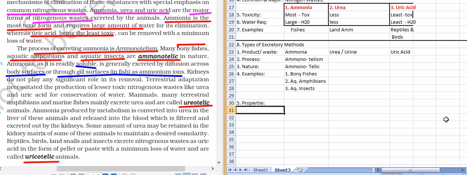Next, it is excreted by diffusion. Next, let's see what the products are. One, it is soluble.